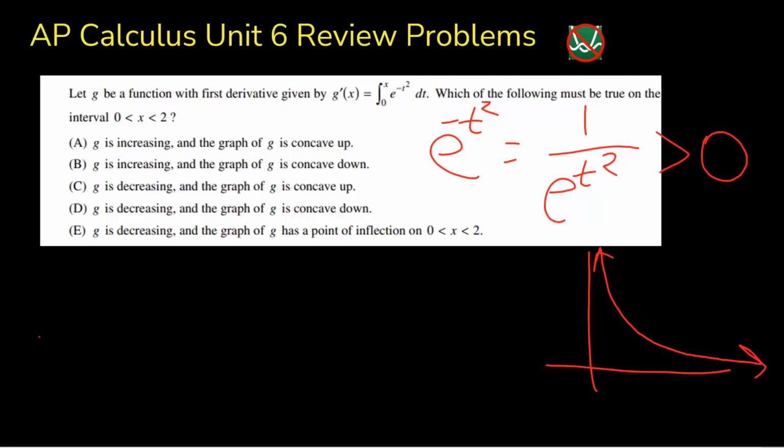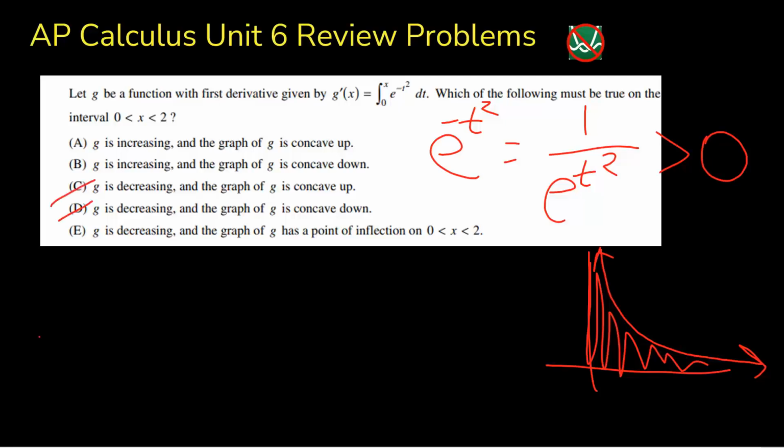So if g prime is the definite integral, then the area under this graph represents the values of g prime. So since that region is always above the x-axis, g prime is always going to be positive, meaning g is always increasing.